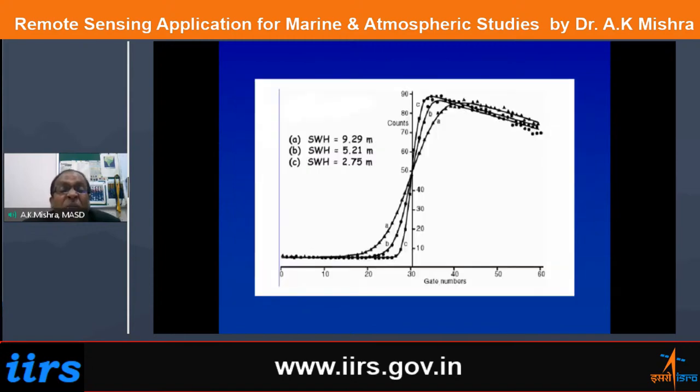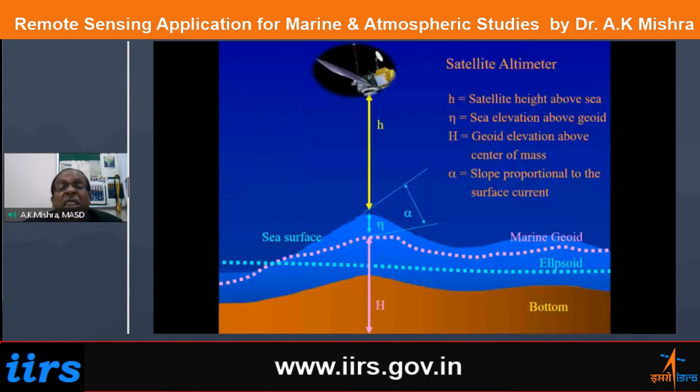For different significant wave heights, that is A, the slopes are different, and B is here, C is here. So from these slopes, this shape of the altimeter waveform, you will get the significant wave height information.